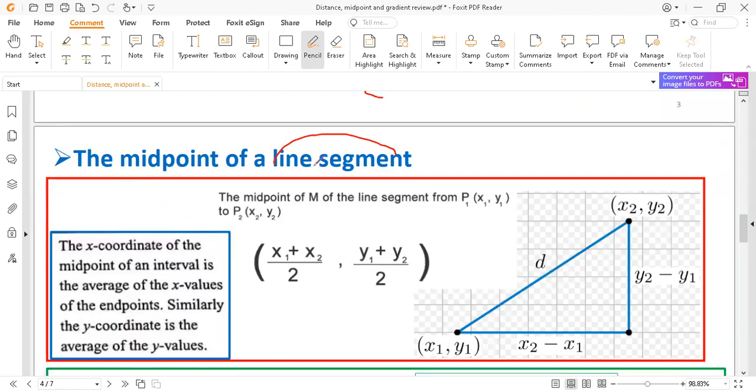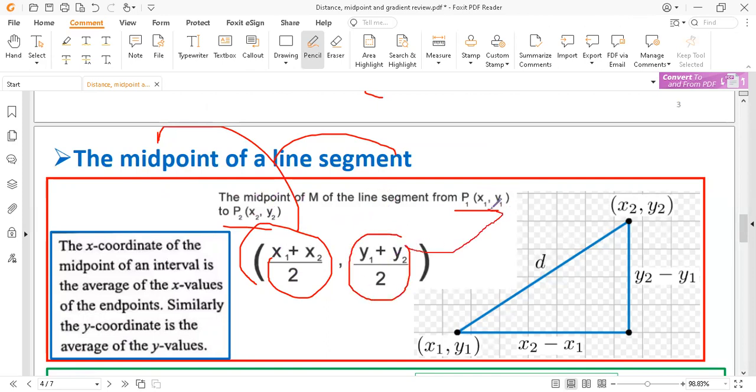To find the midpoint of a line segment, we have the two endpoints of this segment. We use the average of their abscissas, (x1 plus x2) over 2, as the abscissa of the midpoint, and the average of their ordinates, (y1 plus y2) over 2, to represent the ordinate of the midpoint.